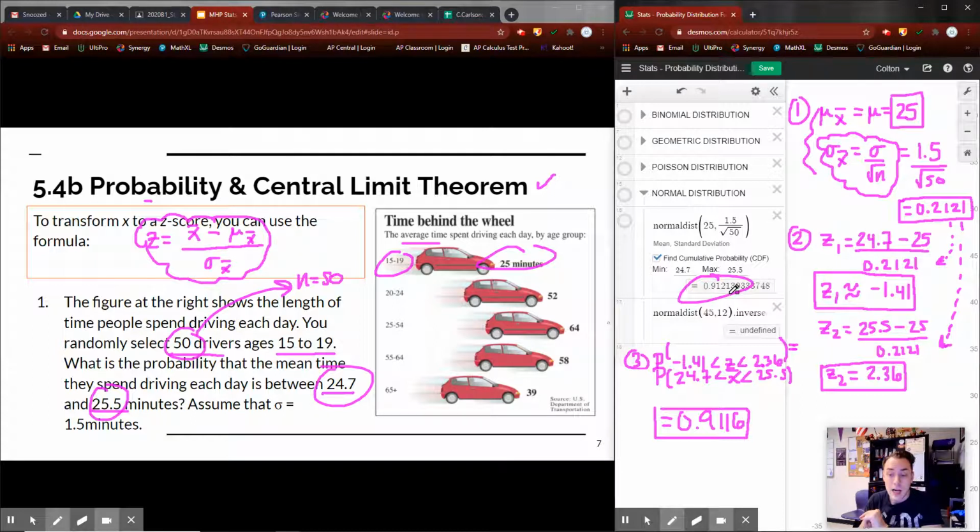I will be utilizing the actual values that they give us in the problem, such as 24.7, 25.5, and my mean of the sample means and the standard deviation of the sample means in order to find the answer, not 0, 1 standardized. Does that make sense? I hope.